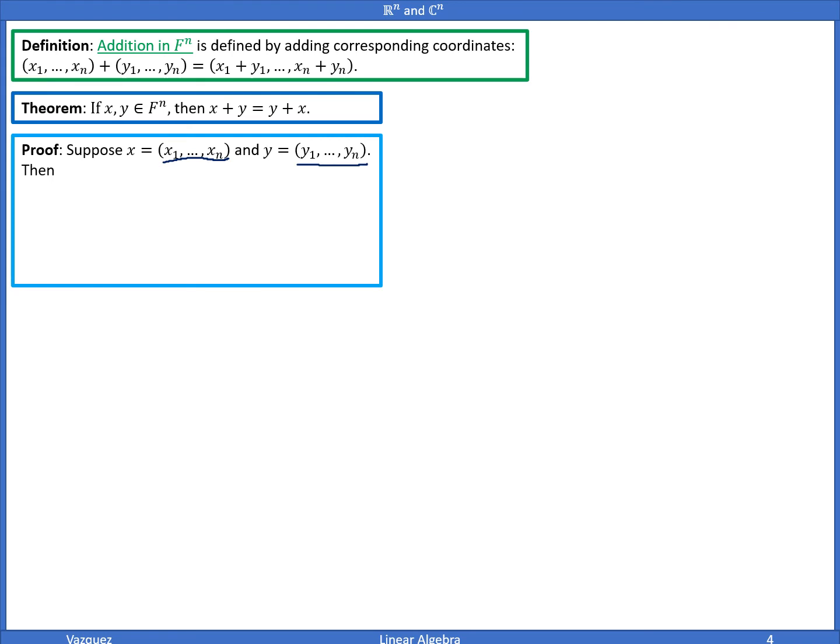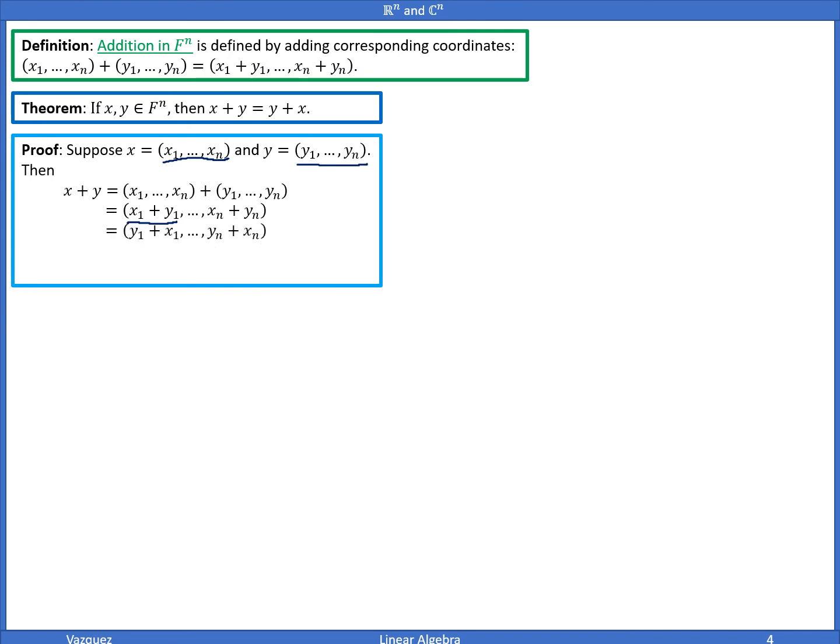What does this mean? Well, this means that we can just add them now. Looks exactly like this, adding the two lists together. How do we add lists? We add the corresponding coordinates. And because these coordinates are either complex or real numbers, we know that they are commutative. So what can we do?